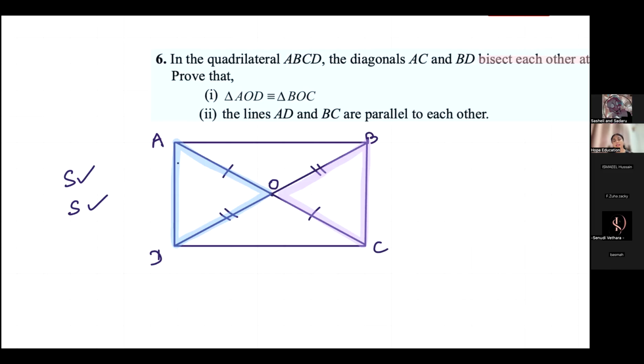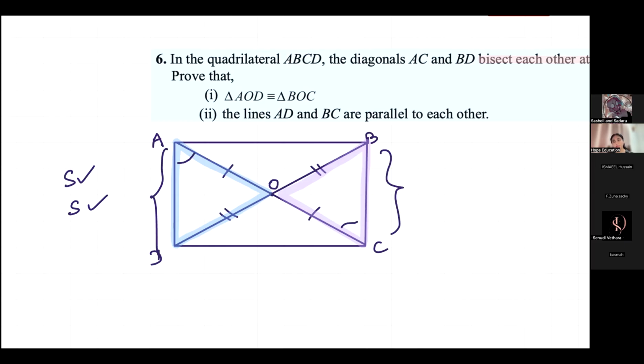This angle and this angle, can we say that they're equal? Any information? Teacher, can it be alternate angles? They cannot be alternate angles because we don't know if these are parallel yet. For now, we don't know if they're parallel.